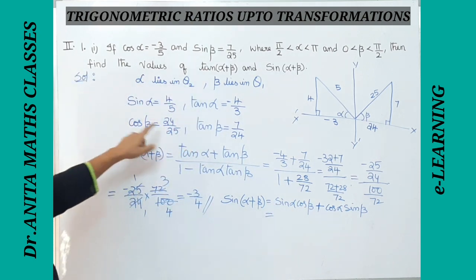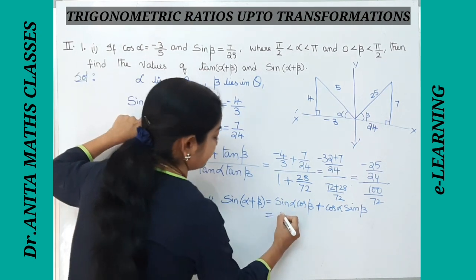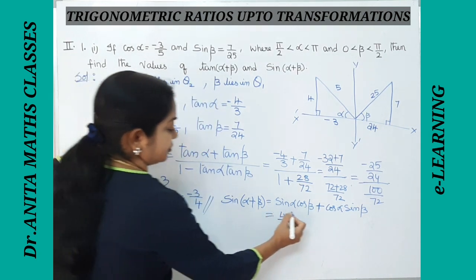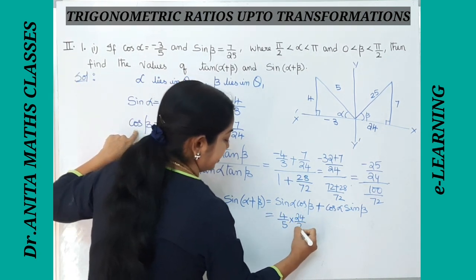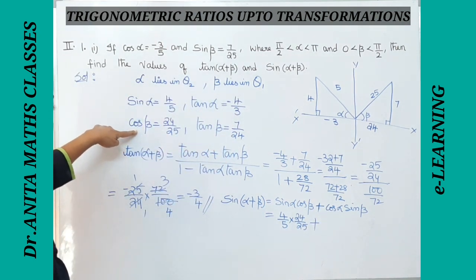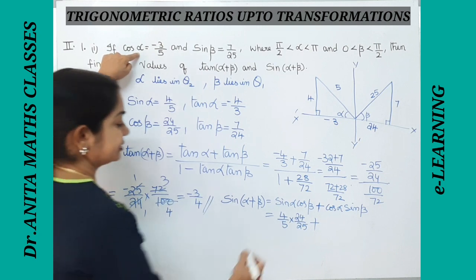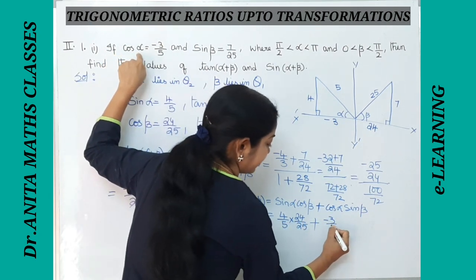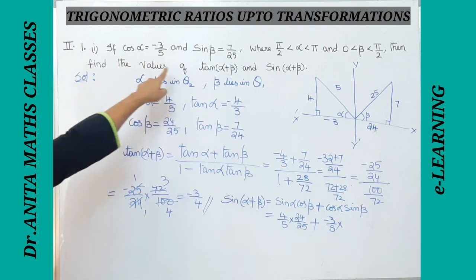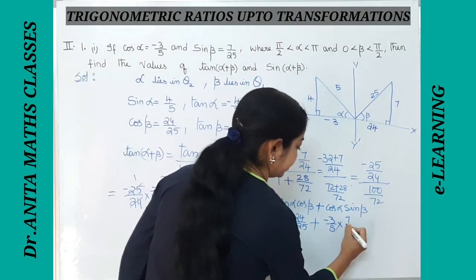Sin alpha is 4 by 5 multiplied by cos beta, 24 by 25, plus cos alpha, which is given as minus 3 by 5, into sin beta, which is 7 by 25.